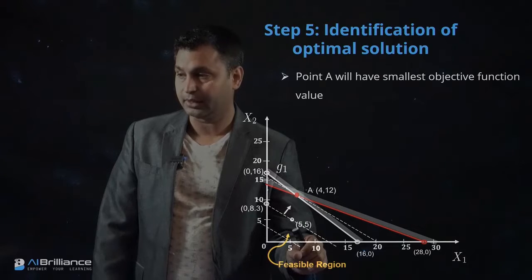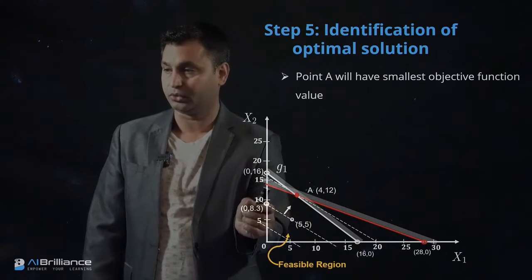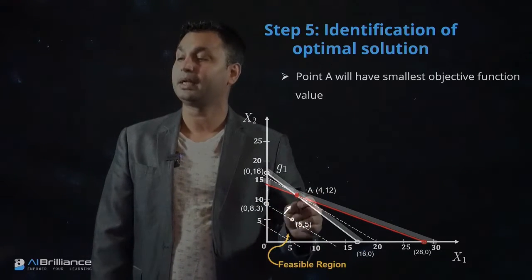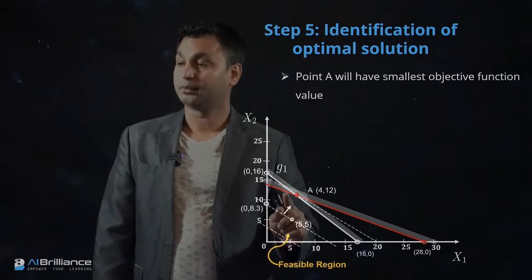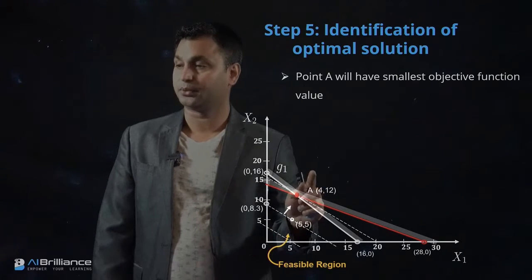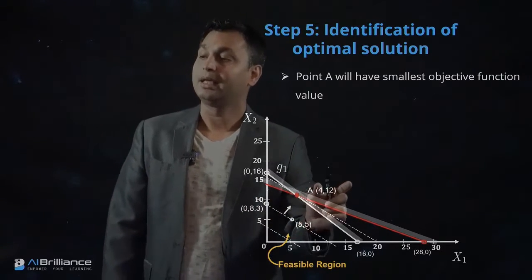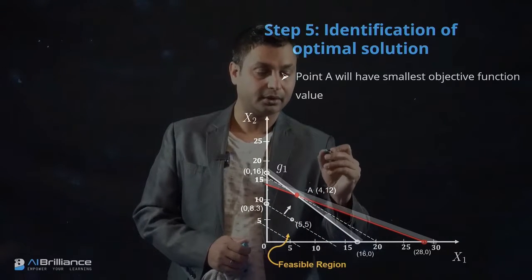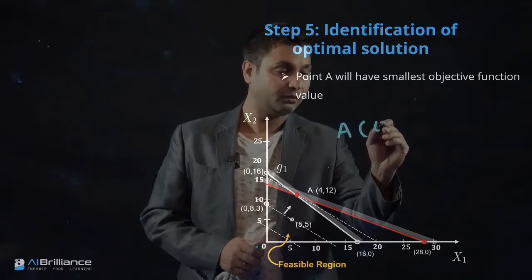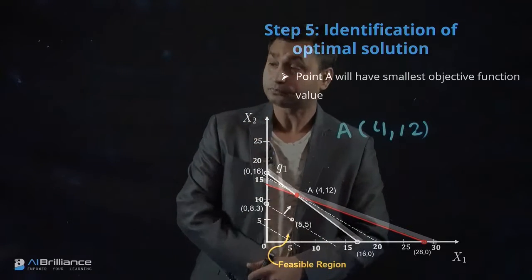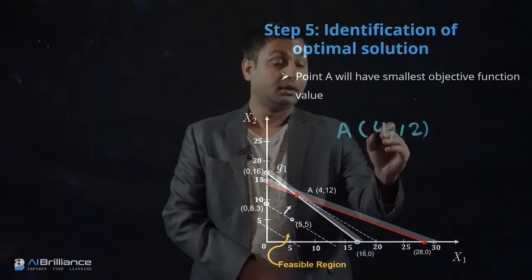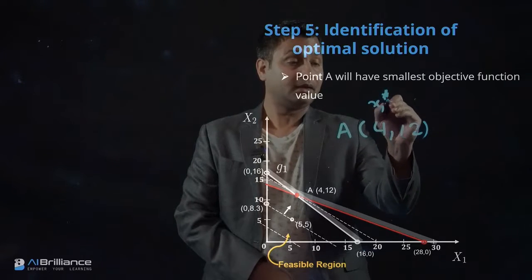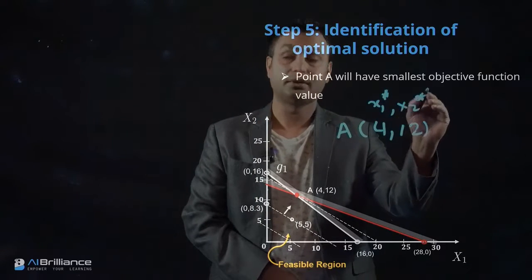I project this point on the x1 axis and then on the x2 axis, and from there I note down the projection on the x1 axis and on the x2 axis, and it comes out to be 4 and 12. That coordinate of A, (4, 12), corresponds to the x1 star and x2 star values that we were looking for.